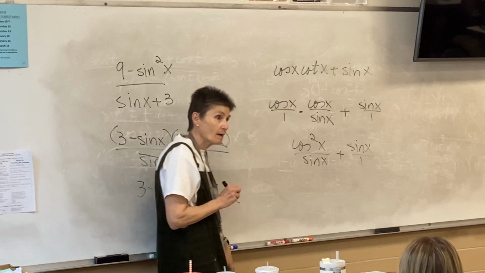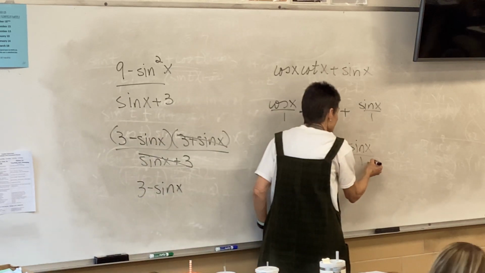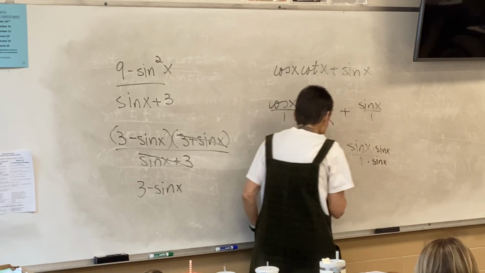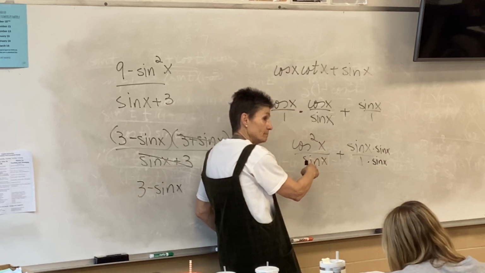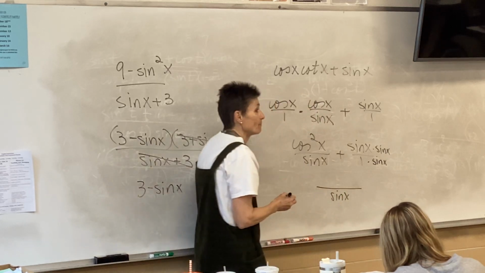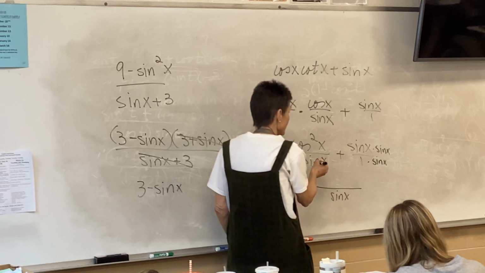What's our common denominator going to be? Sine. So we're going to multiply this one by a sine. This one we don't have to do anything with because it's already a sine. So the denominator is sine. What's the numerator going to be? Now both denominators are the sine.